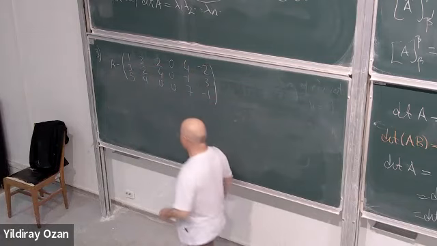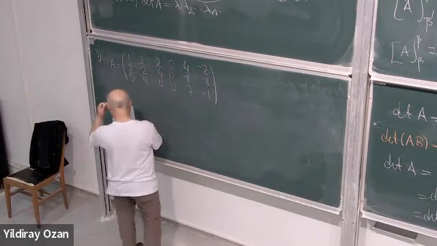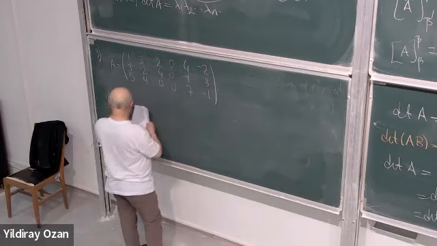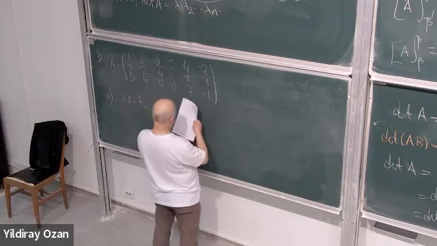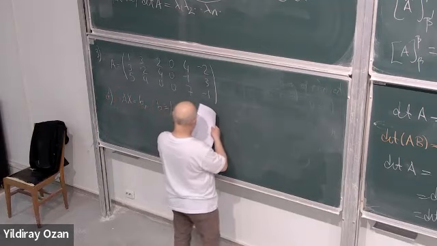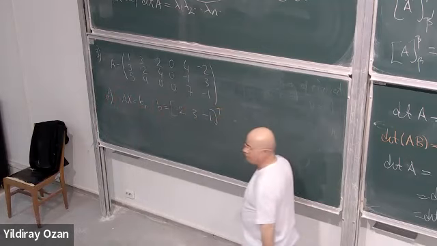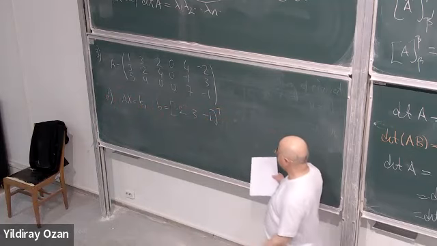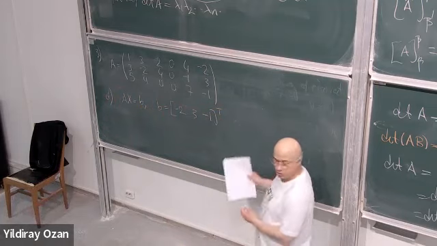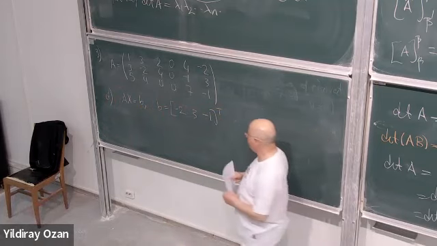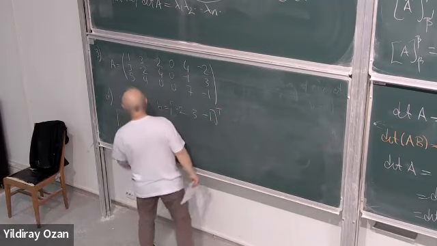D şıkkından başlayayım. So in part D, we are asked to solve the following equation, Ax equals b, where b is this: minus 2, 3, minus 1, transpose. How can we solve this? Well, it is not a square matrix, so the best way is to use Gaussian elimination, right? So let's do that.